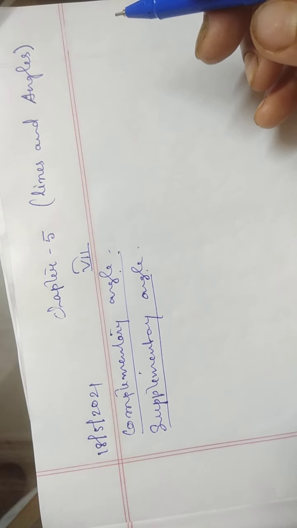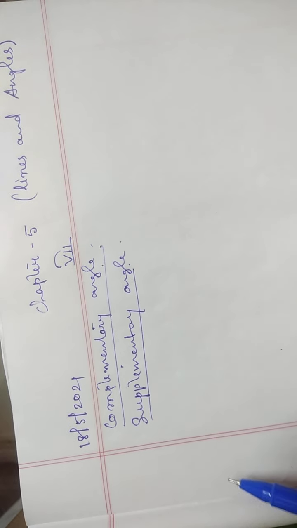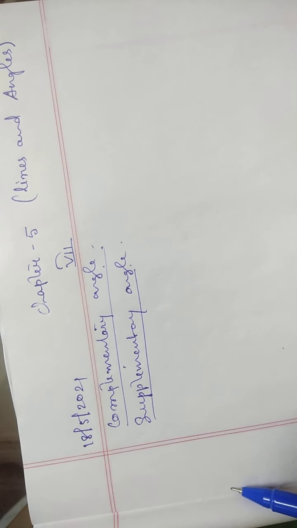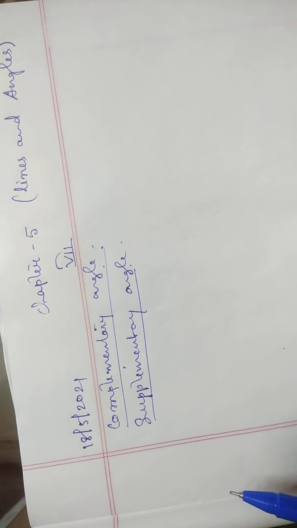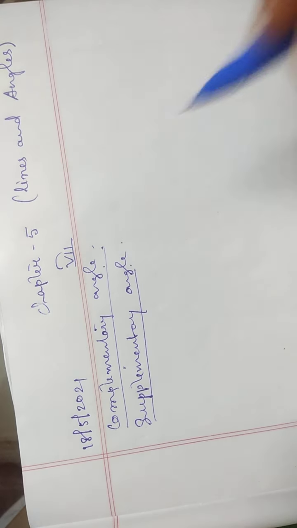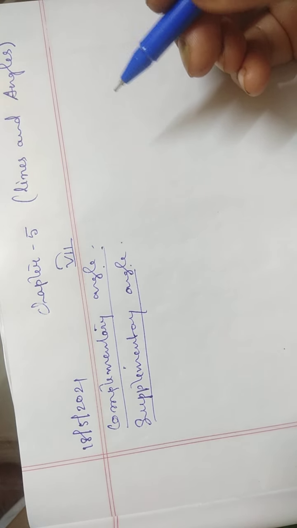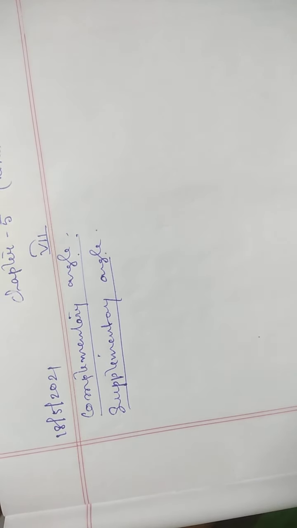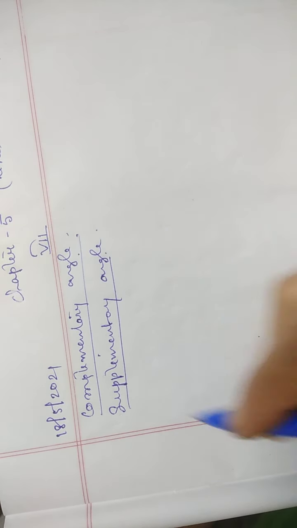So if it is given to you that the measurement of one angle is 30 degrees, then what is the complement of this angle? Then the complement of this angle will be 90 minus 30, that is 60 degrees. Okay, so how can you find the complementary angle?